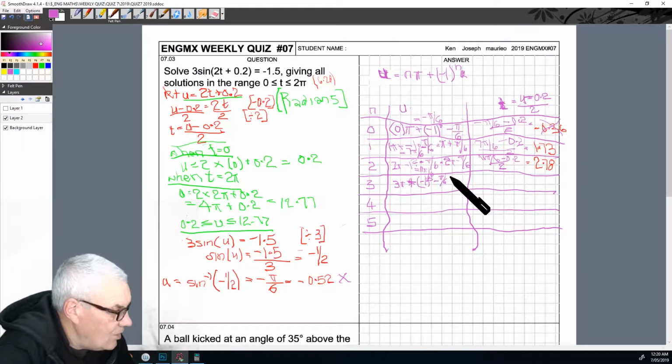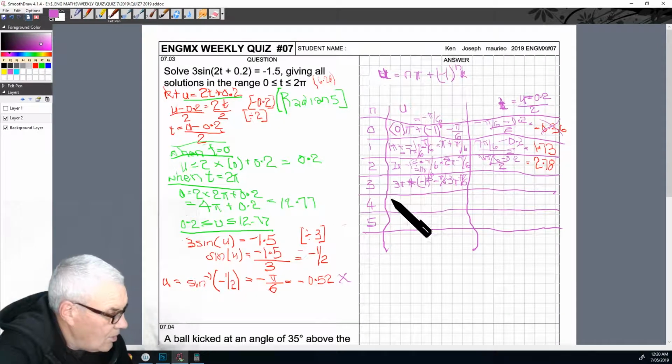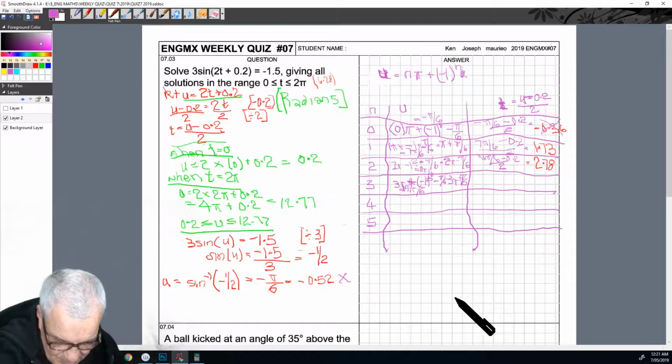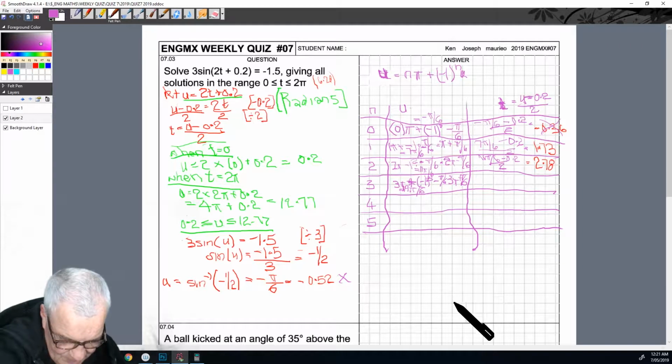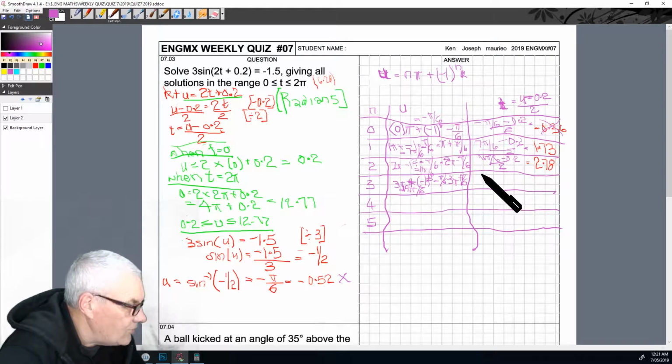So that's 3 pi plus pi by 6, which is going to equal, 3 6s are 18, 19 pi by 6. Yes, 19 pi by 6.